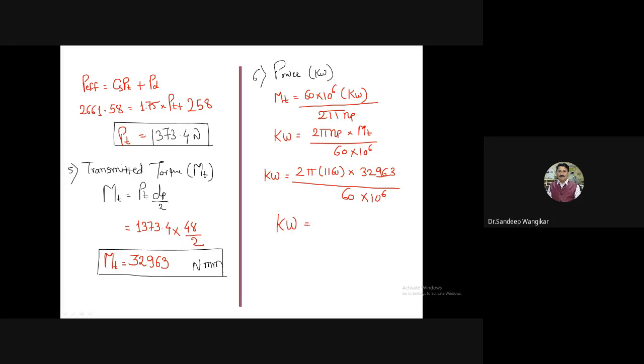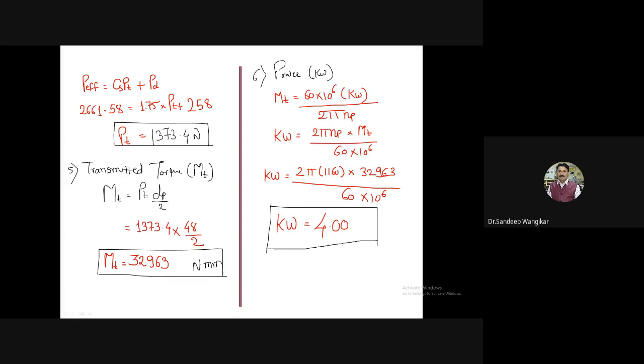Tell me the answer for kilowatt. 4.003, 4.004. What I want to highlight here is that though your answers are somewhat different for MT, some students having 32963, 32961, and one student having 32929, this will not change the result much, as 60 into 10 raised to 6 is the denominator. So I will say kilowatt is equal to 4.00.